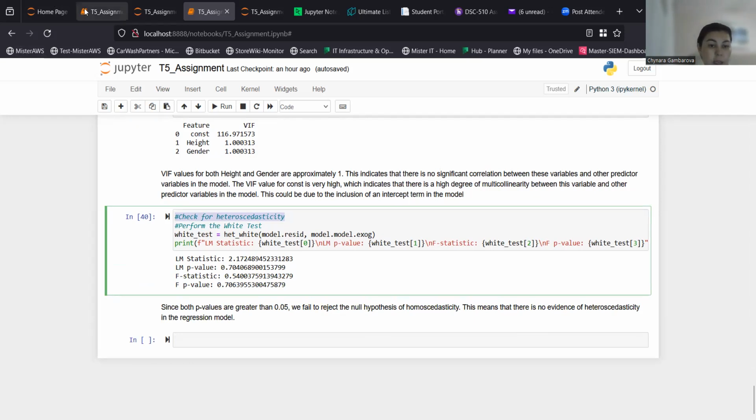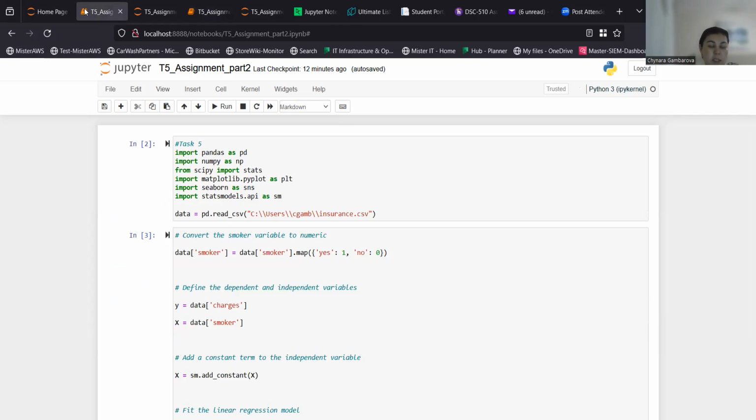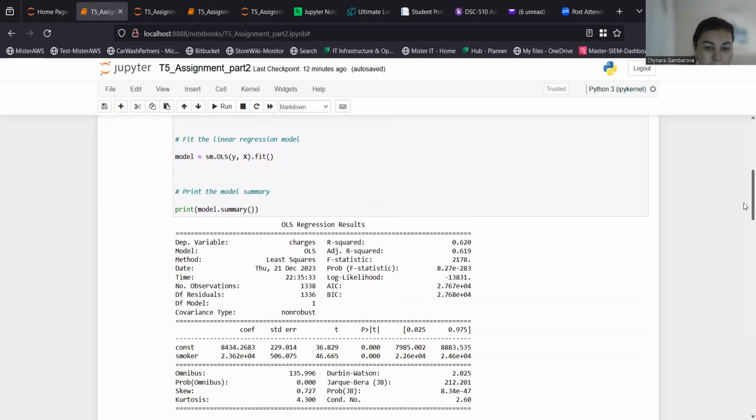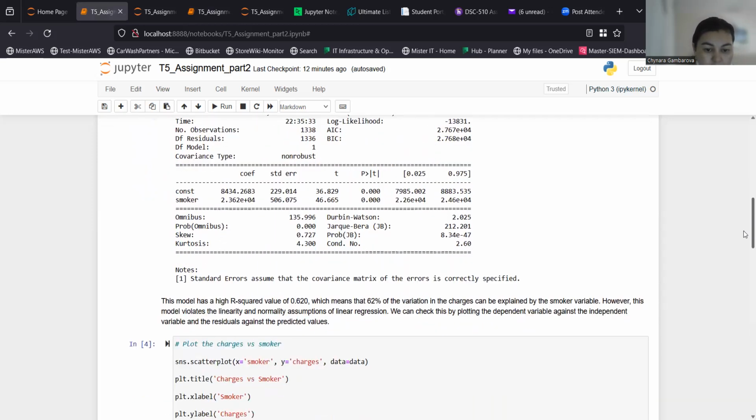So part 2, I have task 5. We are using a data set and building a linear regression model that violates one of the assumptions. Here I'm using the medical cost personal data set from Kaggle and doing the same summary.